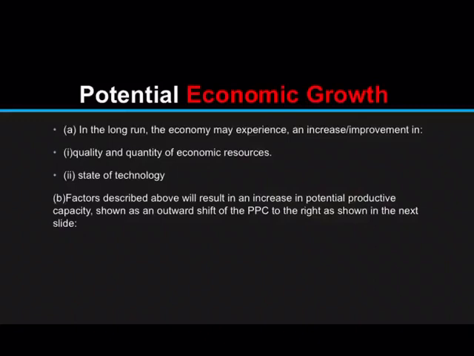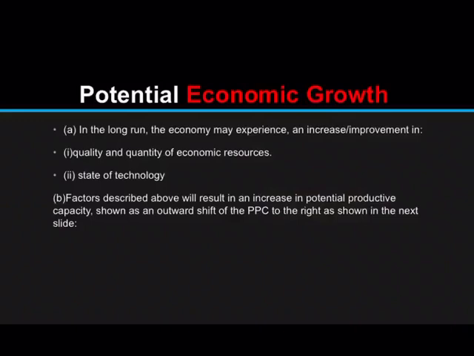Actual economic growth means achieving an increase in the national output in the short run with a constant amount of economic resources and a constant state of technology. Whereas potential economic growth is a long run phenomenon where the economy may experience an increase or improvement in the quantity and quality of economic resources. Number two, there is a technological improvement.